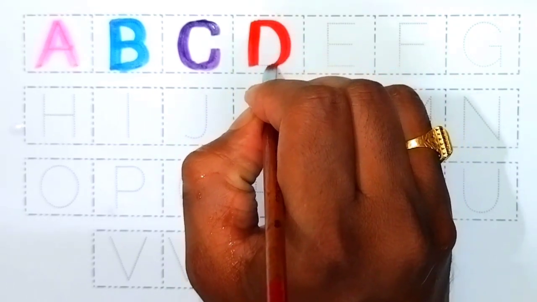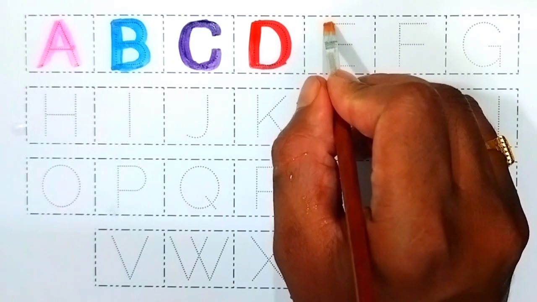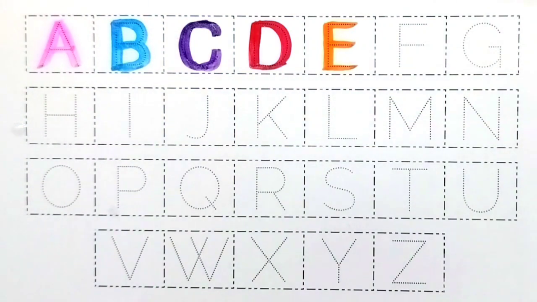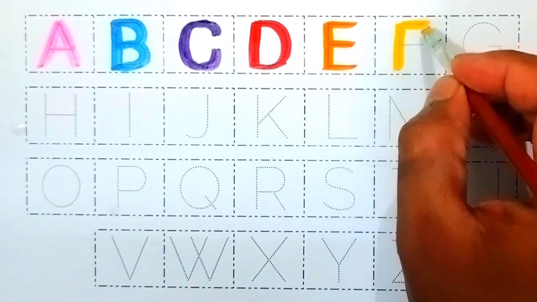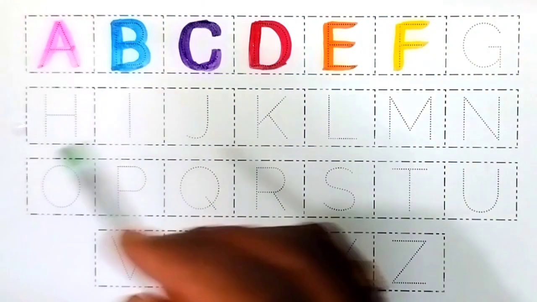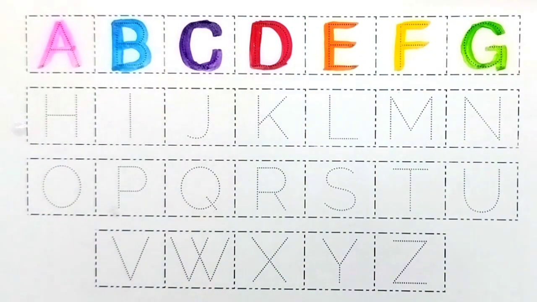D for doll. E for egg. F for flower. G for grapes.